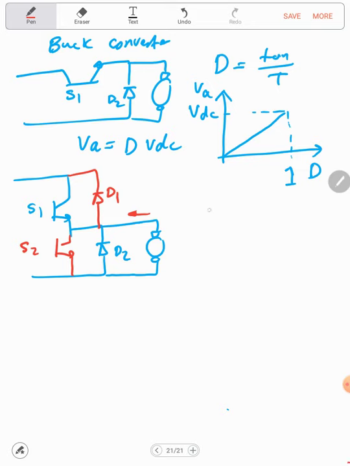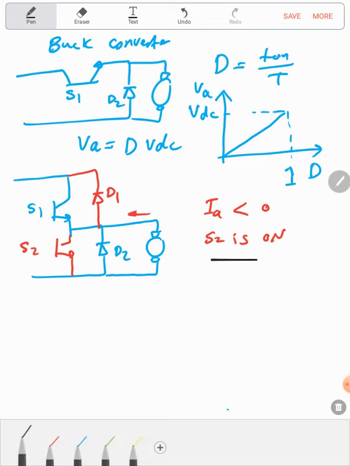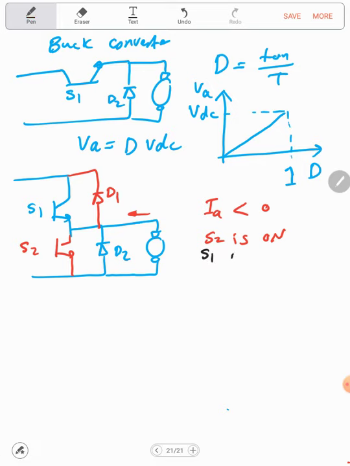So the first thing, when IA is negative, S2 is on, and if S2 is on, S1 is off. Why?